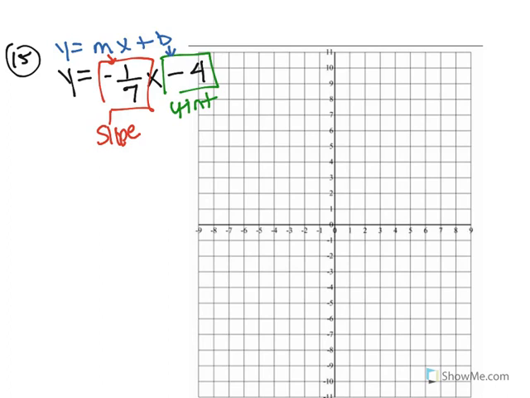So you're going to put your very first point on -4. And I'm going to do my graph in red so you can really see my line. But that's where this line is going to cross the y-axis. Y-axis is at -4. And then my slope is -1/7.